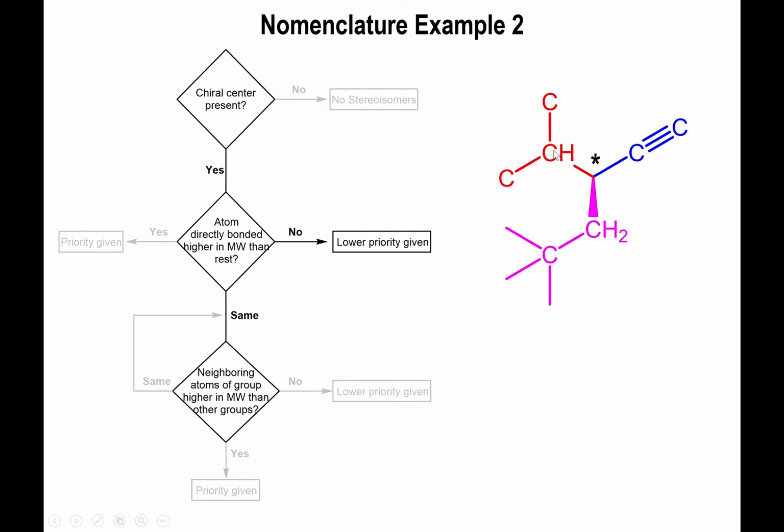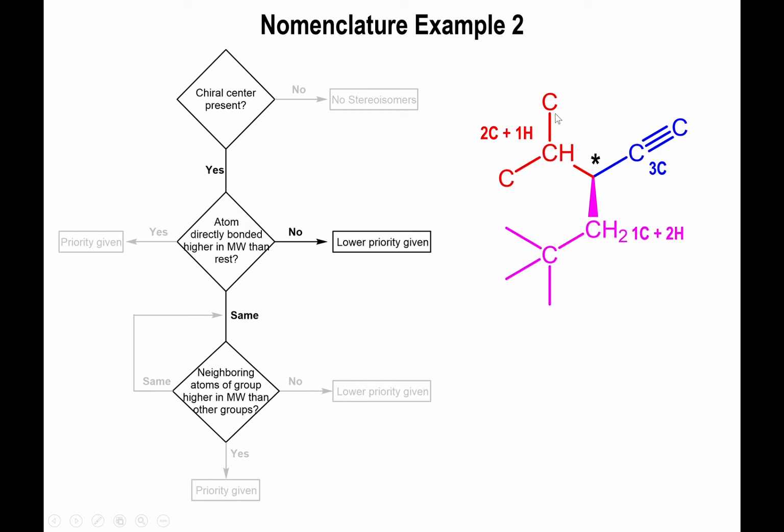On this carbon, we have two other carbons bound to it in addition to this hydrogen. Down here, we have two hydrogens and one other carbon bound to it. And for the alkyne, since this is a triple bond to another carbon, you have a total of three bonds to carbon. So three carbon bonds here.